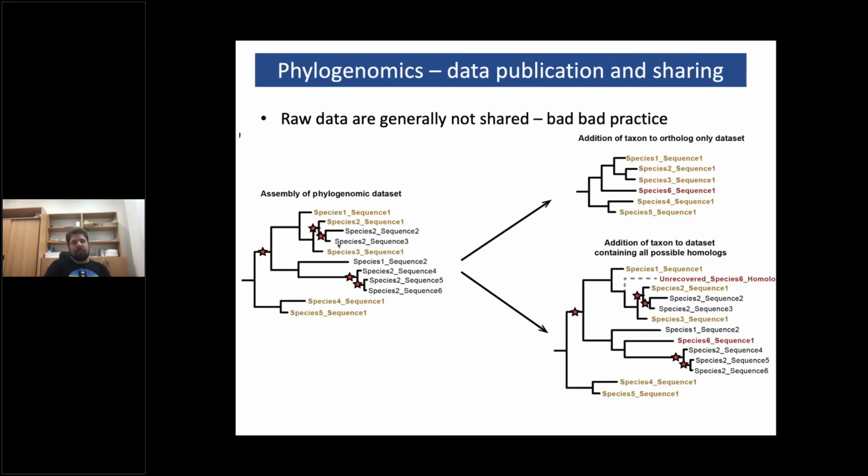So imagine we were assembling a phylogenomic data set, and on the left is our initial tree with all the sequences we are looking at. This is the set of sequences we're selecting orthologs from for the final data set. The red stars denote gene duplication events.